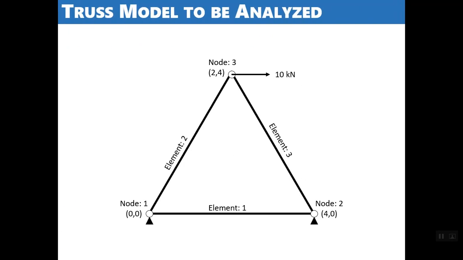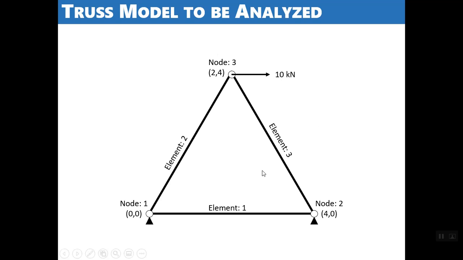This is one of the very simple trusses that we have selected for this week's class. As you may know, whenever we use the stiffness method, we begin with naming the elements and nodes. By naming, I mean giving them a number name.